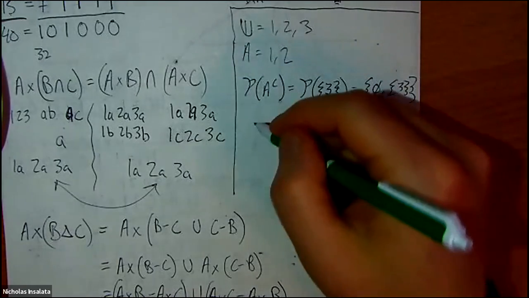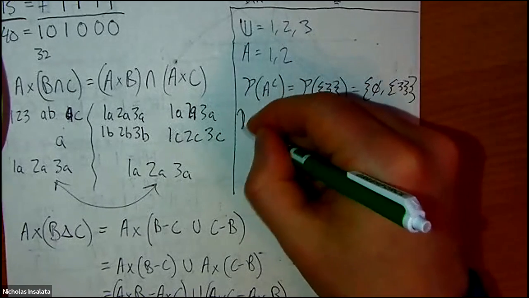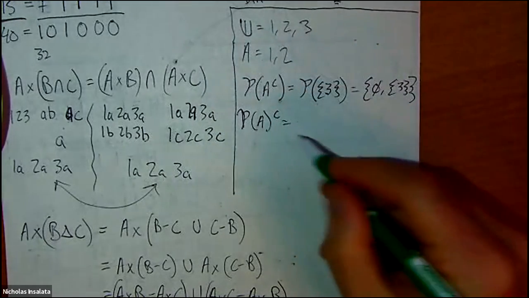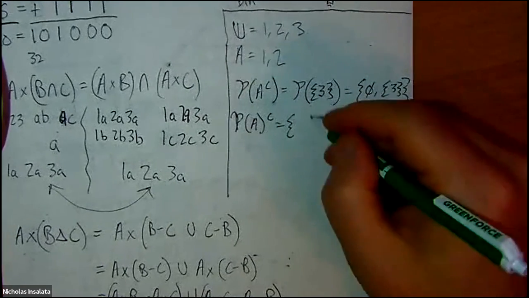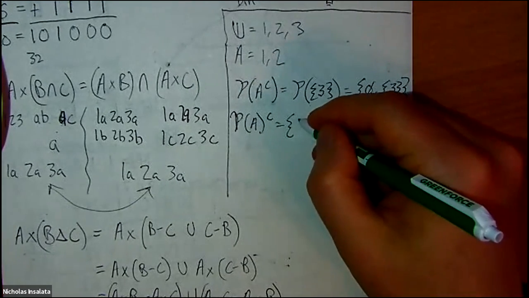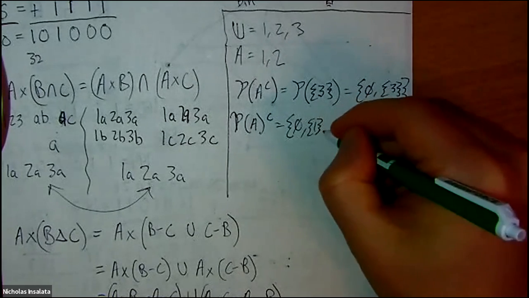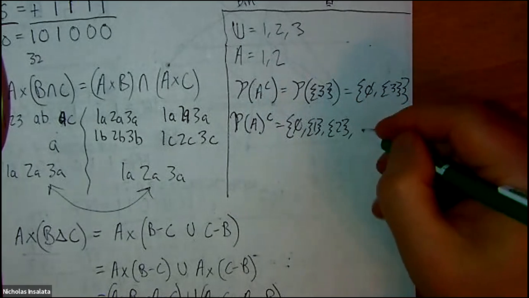Then instead, if we want the complement of the power set of A, well, first of all, what's the power set of A? Well, it's going to be empty set, {1}, {2}, {1, 2}.